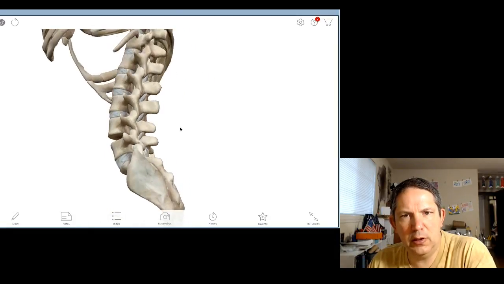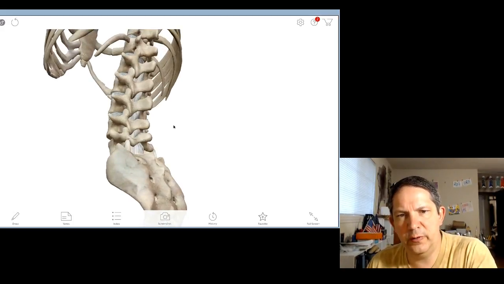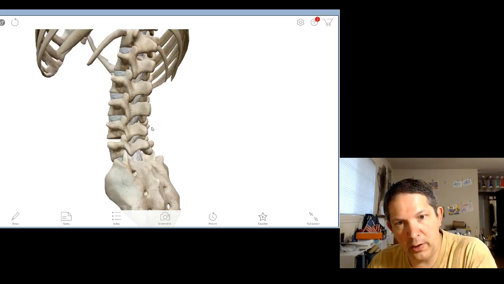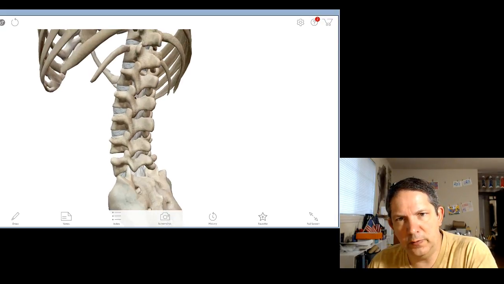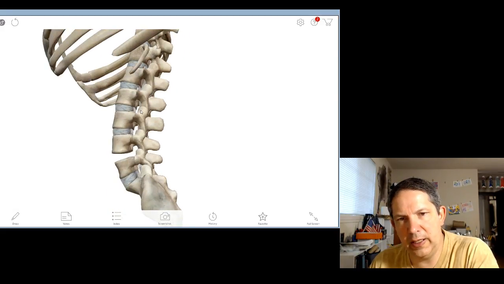If you have to do a lumbar puncture, meaning you're going to withdraw some cerebrospinal fluid, you don't want to hurt the spinal cord at all. It's useful to know that the spinal cord itself ends between L2 and L3, or rather you can go in between L2 and L3. You can do a lumbar puncture here into this canal, and you're not going to hit the spinal cord.